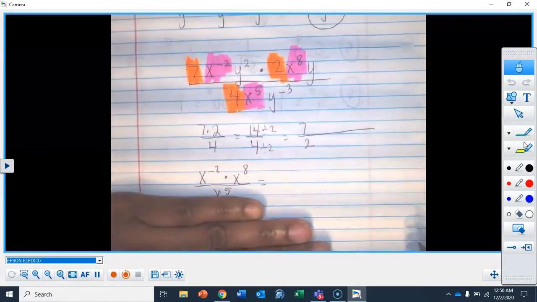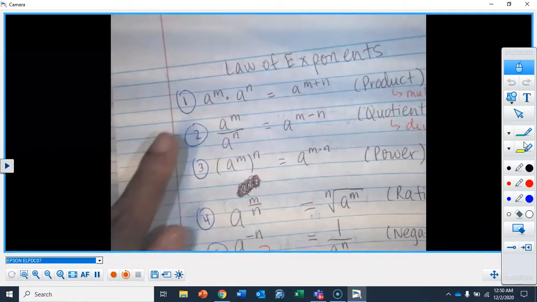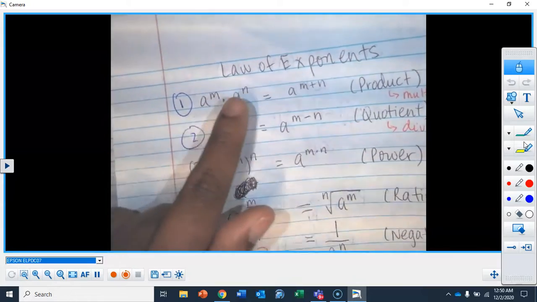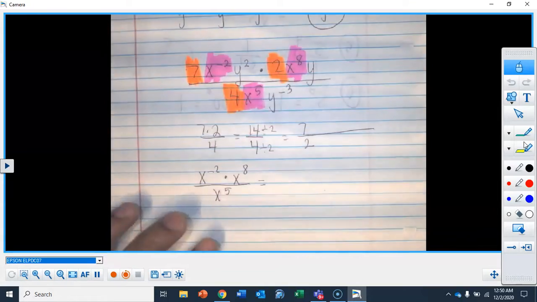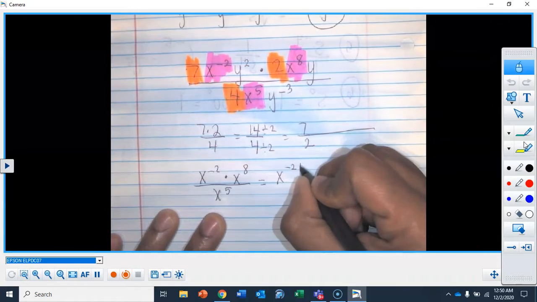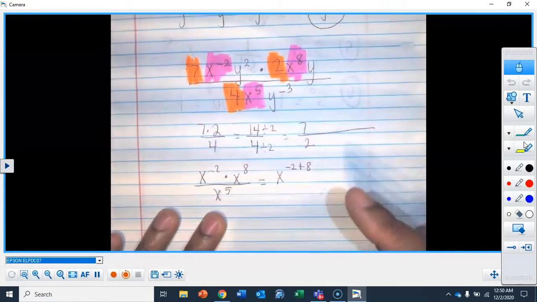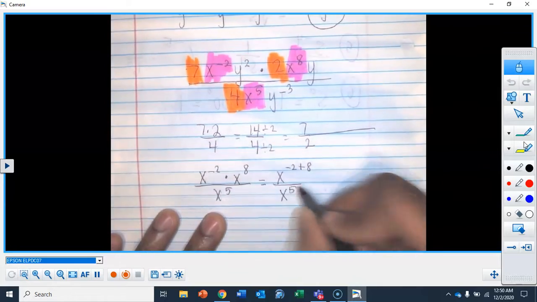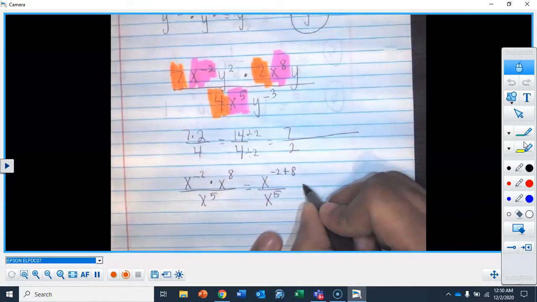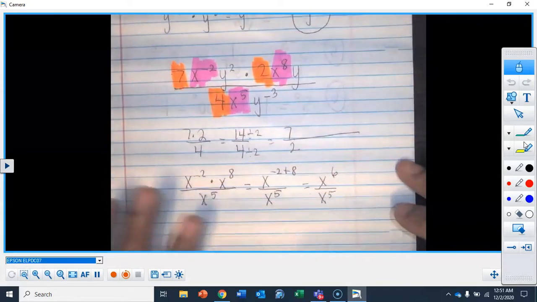So ignoring the denominator for just a second, the law, according to our formula sheet, says that if we have the same base being multiplied with these different powers, we do addition. So that means I'm going to do x and then negative 2 plus 8. We're going to finish evaluating this, but we still have that x to the 5th on the denominator. So this becomes x to the 6th power divided by x to the 5th power.